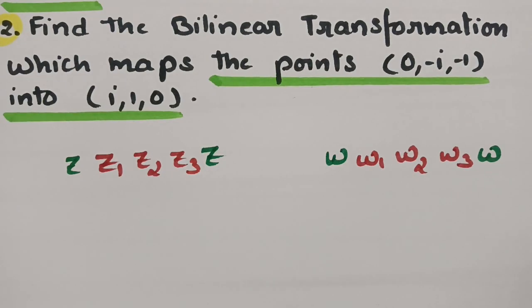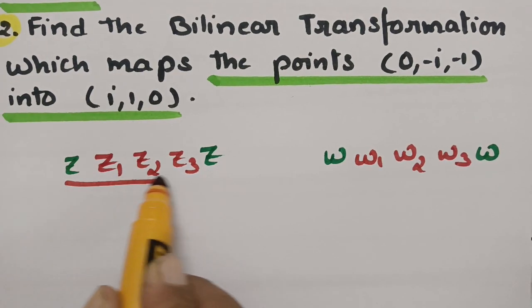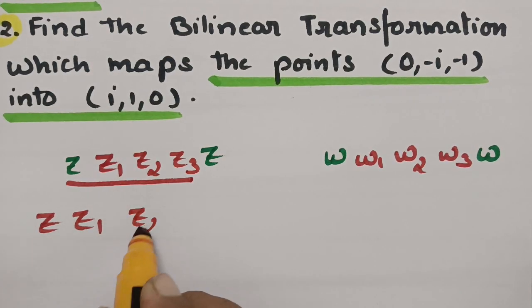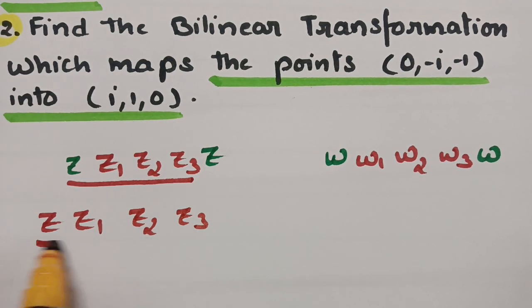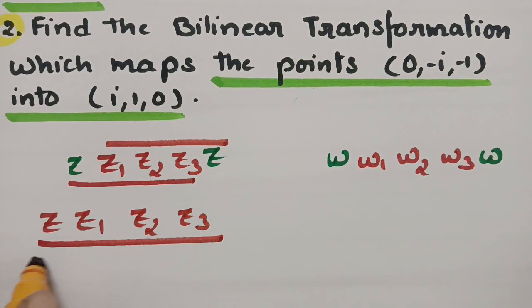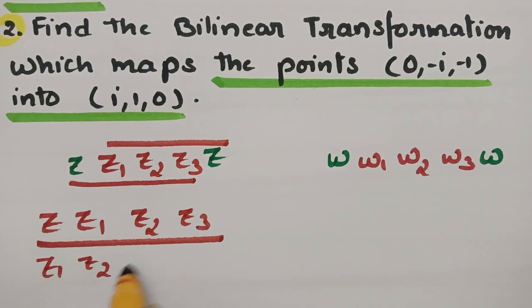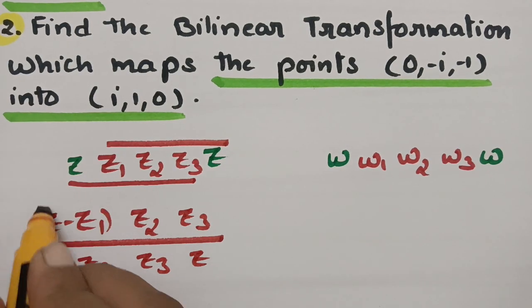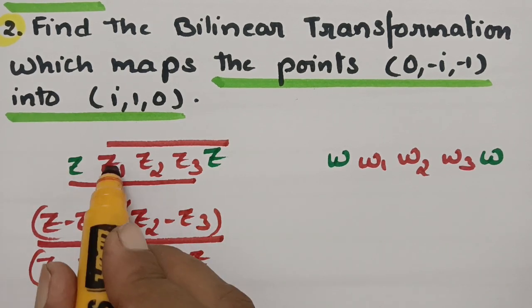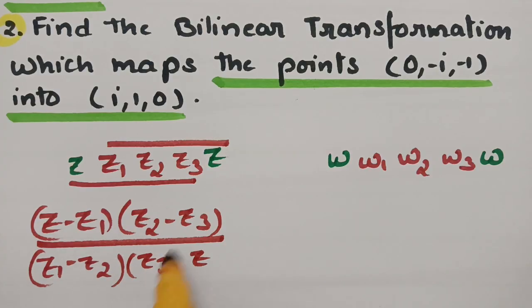First of all, we have to consider these 4 points. In the numerator, that is Z, Z1, Z2 and Z3, divided by, later we have to consider the 4 points Z1, Z2, Z3 and Z. This is how we have to remember: Z minus Z1 into Z2 minus Z3, and the next one Z1 minus Z2, and Z3 minus Z.